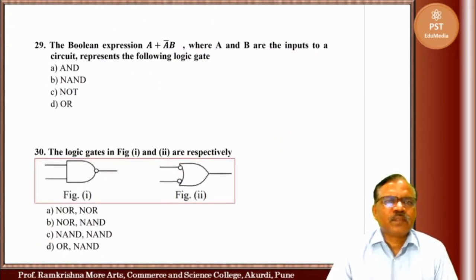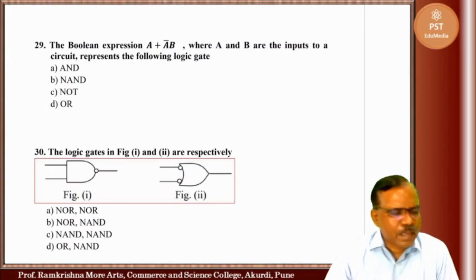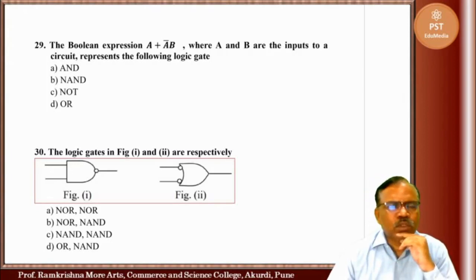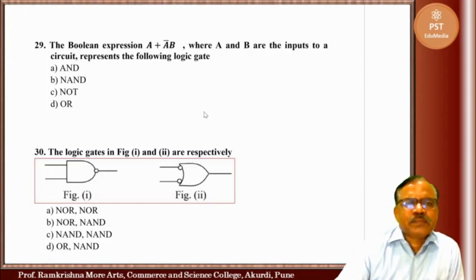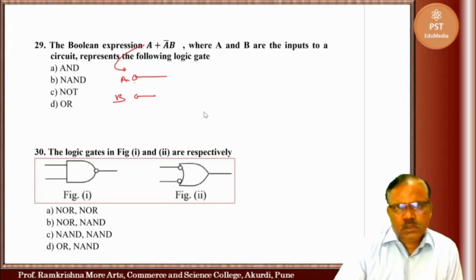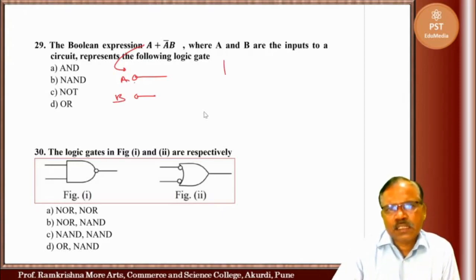Now the next one. The Boolean expression A plus A bar B, where A and B are the inputs to a circuit, represents the following logic gate. Suppose we take this A and this is B. We will first take a truth table.